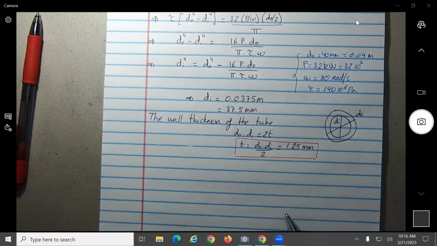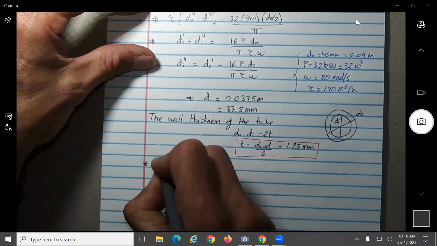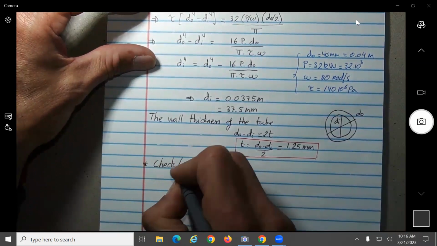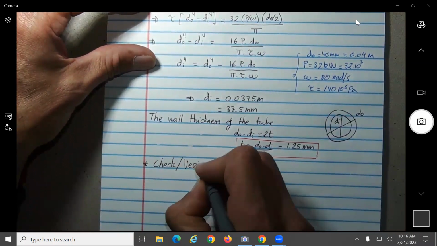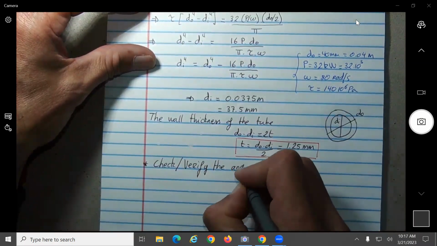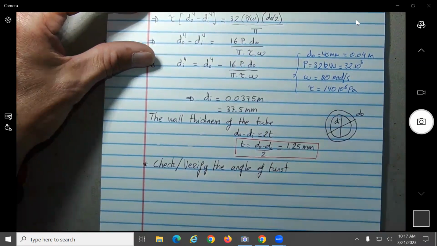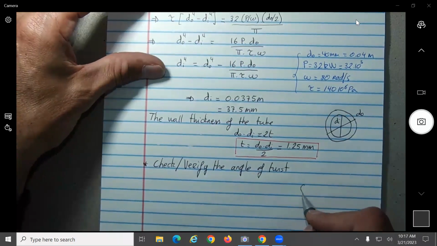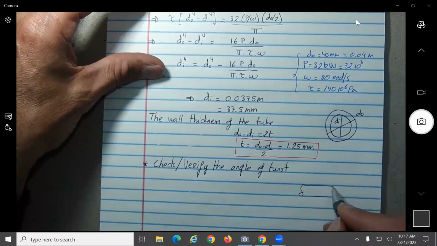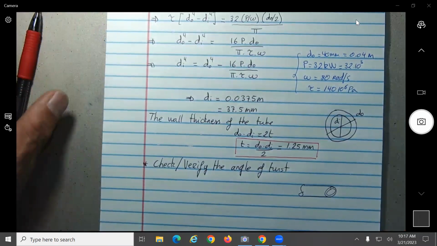So the next thing you need to do is check, or verify, the angle of twist. In this case, this is a uniform cross section shaft or bar.